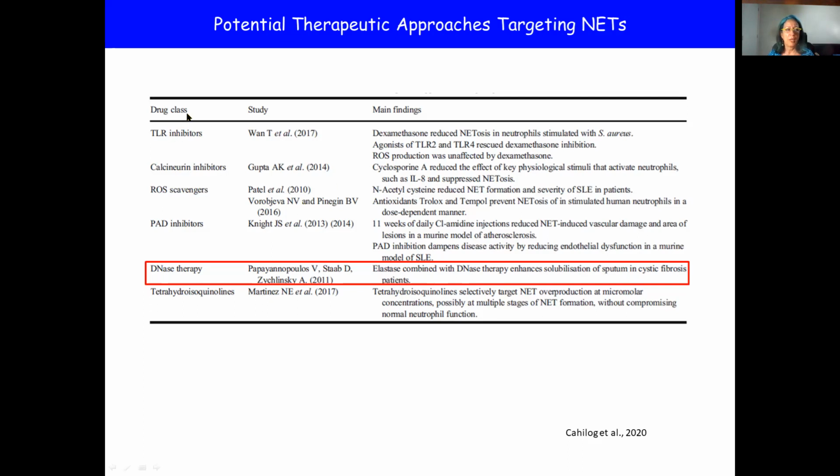But of course, there are some toll-like receptor inhibitors, calcineurin inhibitors, ROS scavengers, because most of the inducers act with participation of ROS, PAD inhibitors, and other substances that target NET overproduction. So most of these are still in test, but DNase therapy is already being used, at least in cystic fibrosis.